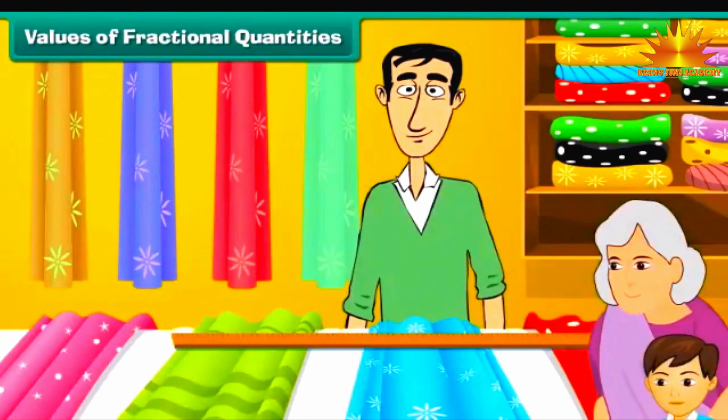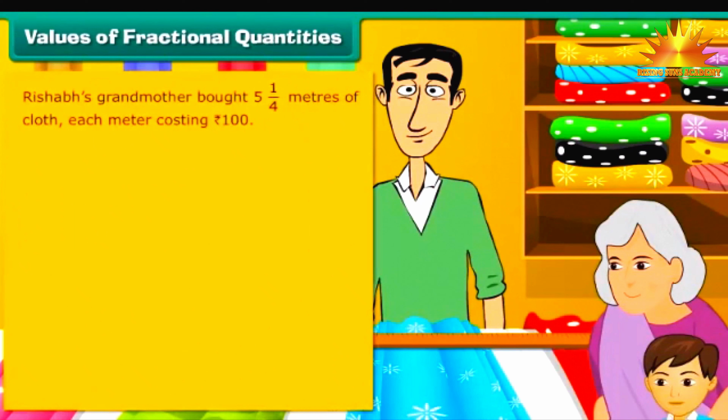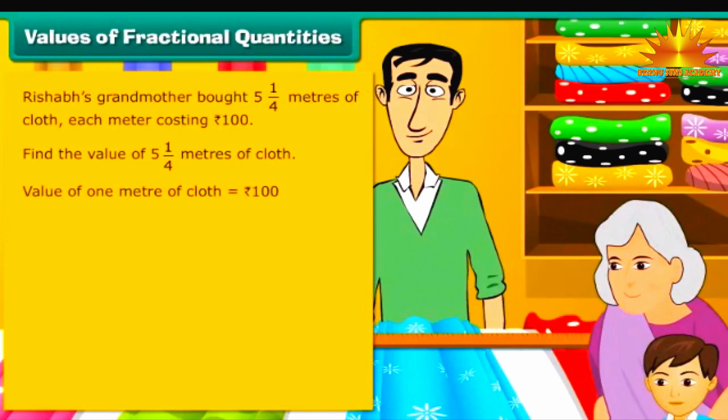Rishabh's mother paid Rs 200 for 2.5 kgs of apples. Now look at another example. Rishabh's grandmother bought 5 1/4 meters of cloth, each meter costing Rs 100. Find the value of 5 and 1/4 meters of cloth. Value of 1 meter of cloth is equal to Rs 100. Value of 5 meters of cloth is equal to 5 multiplied by 100, which is equal to Rs 500.